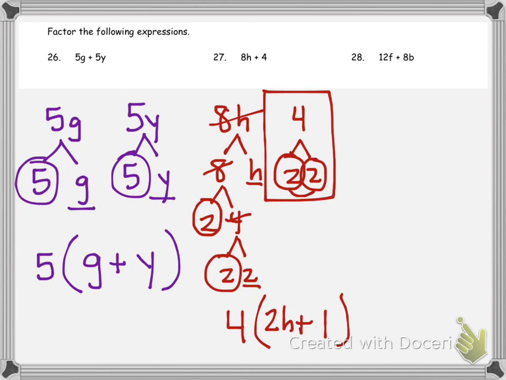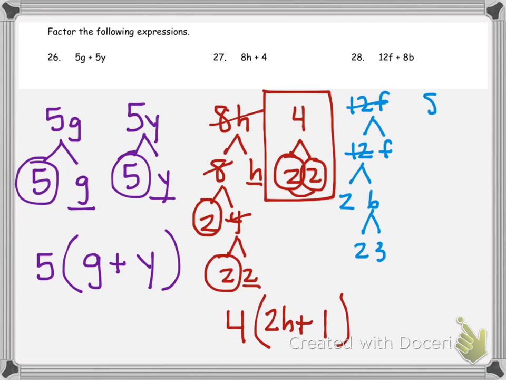Okay, here's number 28. I've got 12f, which I can break into 12 times f. And then f is kind of like prime, there's nothing I can do with that. So 12 I can break into 2 times 6, and 6 I can break into 2 times 3. So there's 12f.